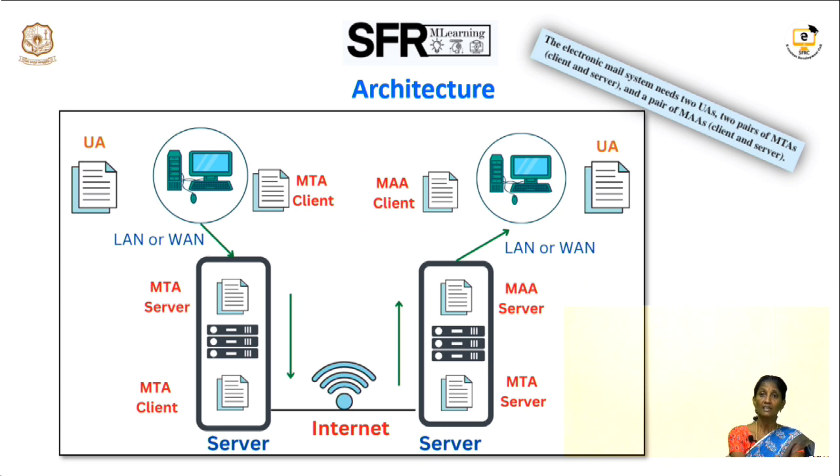In that, the MTA server will receive the message in the mailbox, and on this side the MAA, message access agent, will receive the message from the server and it will be placed into the client machine. Therefore, we need two user agents, two pairs of MTA client and server, and a MAA server and client.